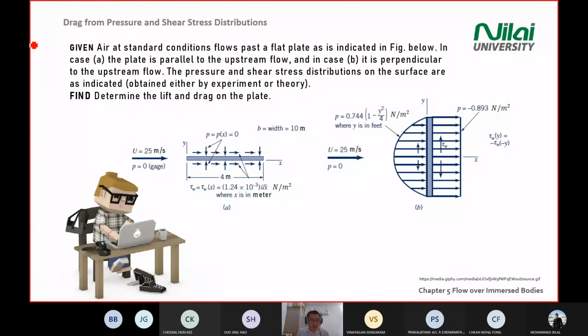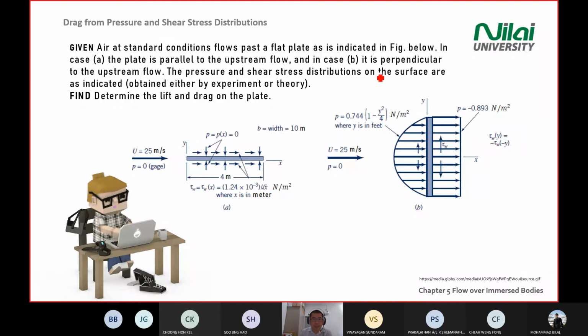Now, tutorial number 6. So what do we have here? Air at standard condition flows past a flat plate. We have a flat plate on the screen. In case A, the plate is parallel to the upstream. Your upstream is from the left, position parallel, and the magnitude of the upstream is also given. And case B is perpendicular to the upstream.